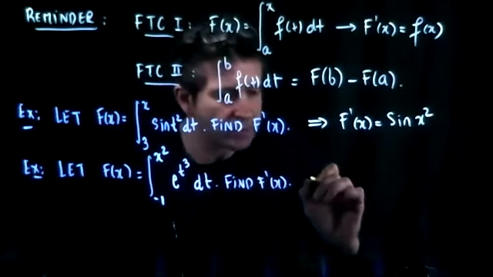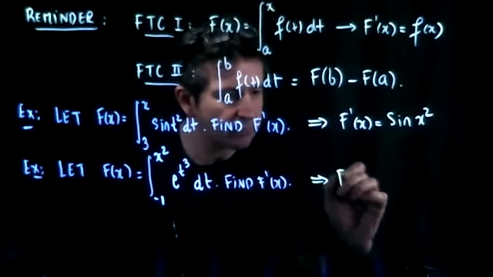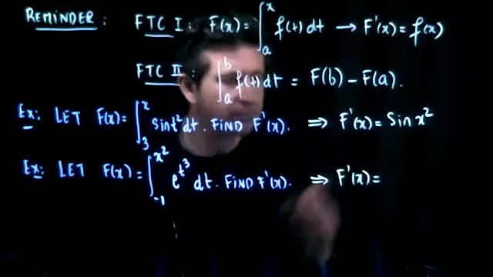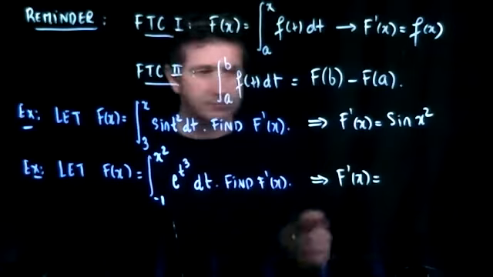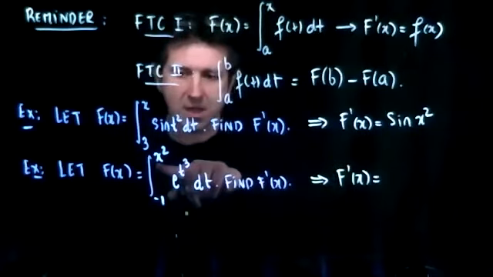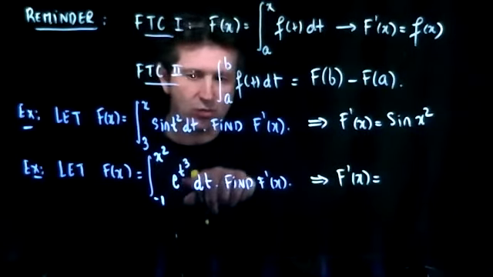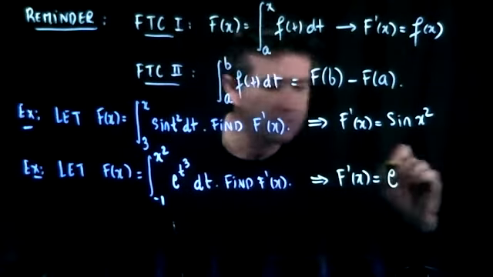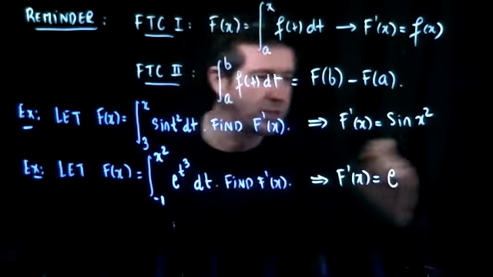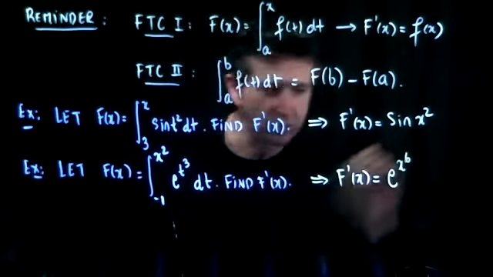Okay, so can you guess what this is going to be? Right? I just plug in the x squared inside the t. Okay, so it becomes e power x squared power 3, so that's x to the 6. You understand this?